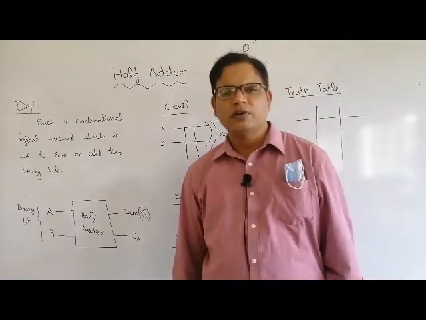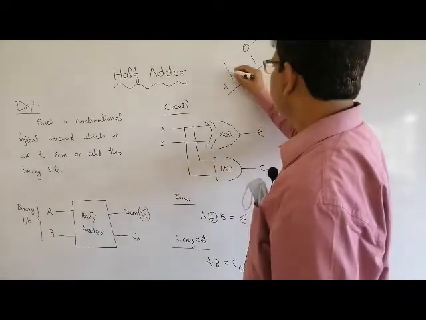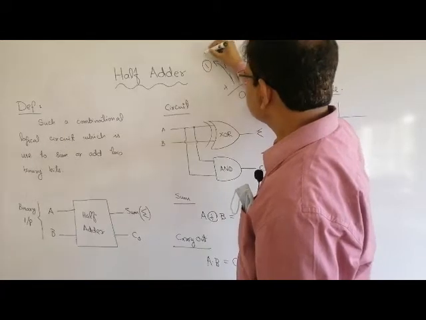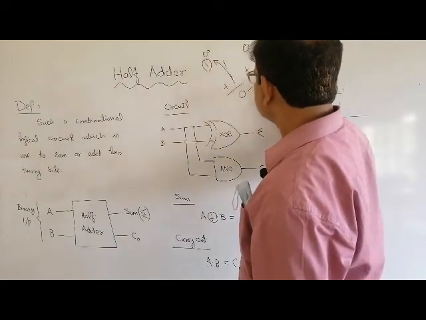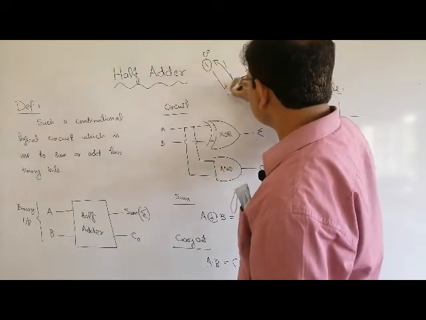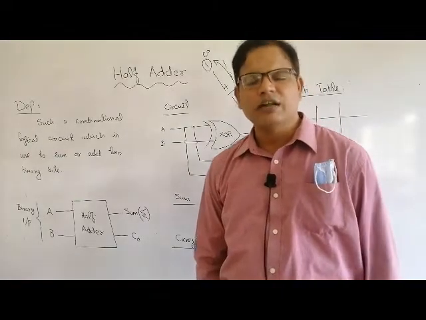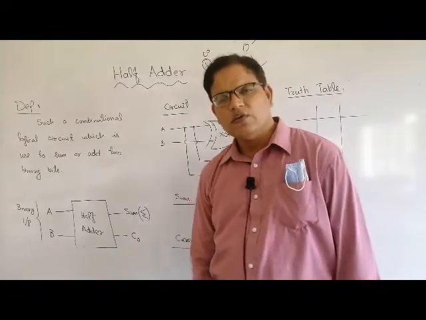For say 1 plus 1, the sum is 0 and 1 is the carry out. That carry out comes over here. So 1 plus 1 in binary means 10.